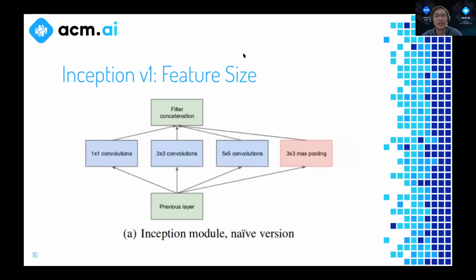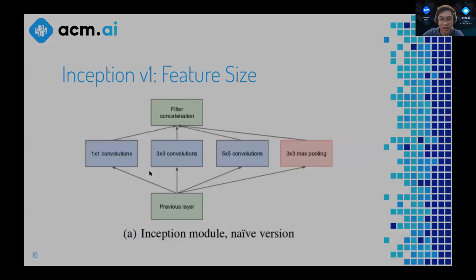So how does Inception tackle this issue? Basically, we have parallel convolutional layers with different filter sizes. For example, let's go back to the previous slide.